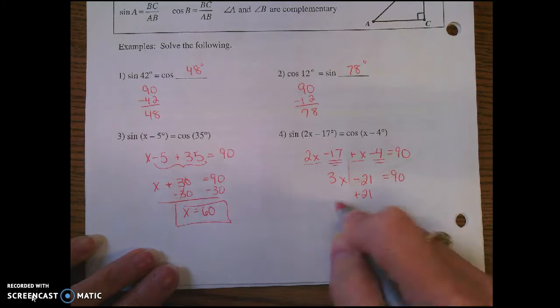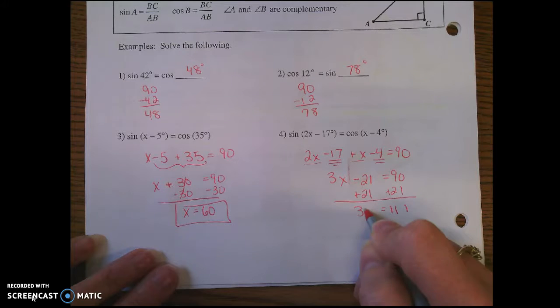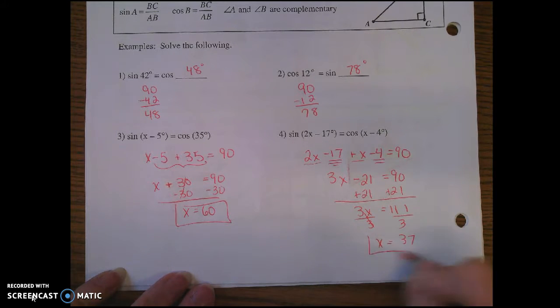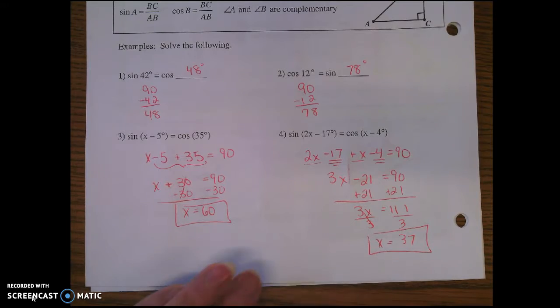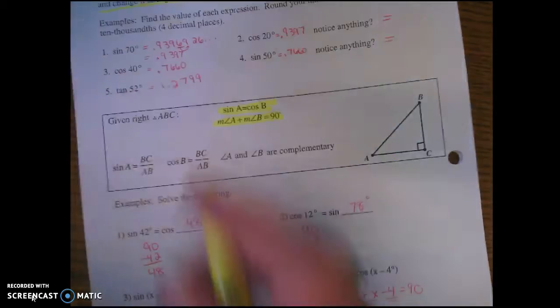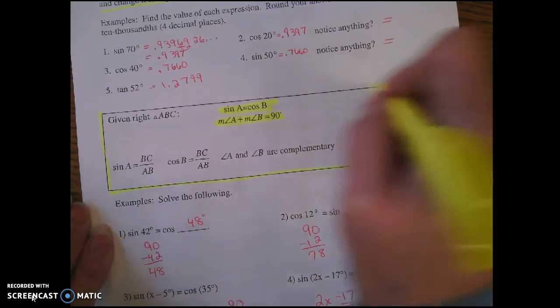All right, so now solve, add 21 to both sides. And last step, divide by 3. Go into the calculator when x is 37. Okay? Very, very important. In fact, I'm going to highlight the whole big box here.